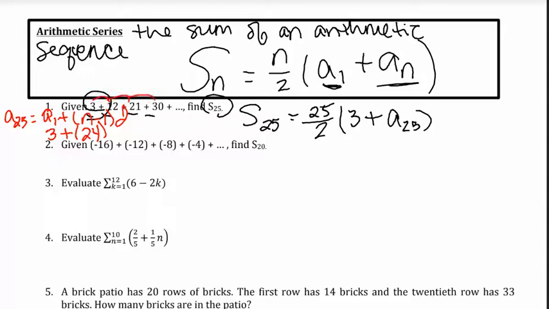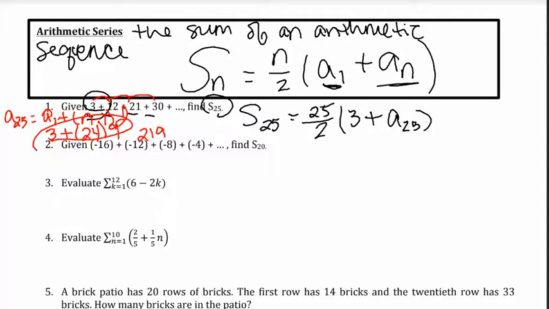And my common difference, how do I get from 3 to 12 and 12 to 21, and 21 to 30, I just add 9. So I'm then going to type that into my calculator, 3 plus 24 times 9, and I get 219.